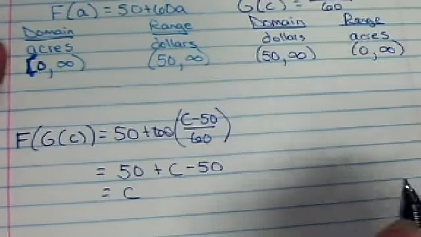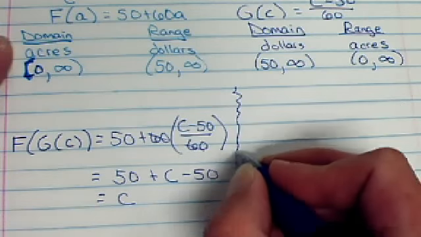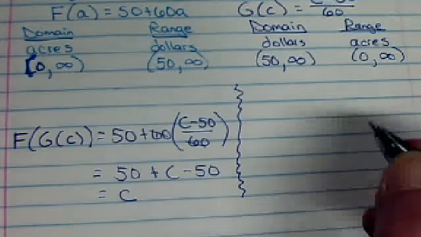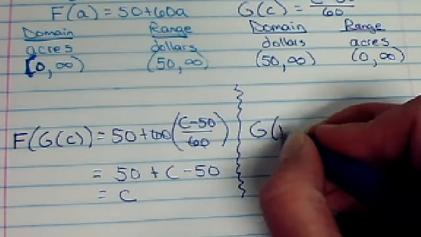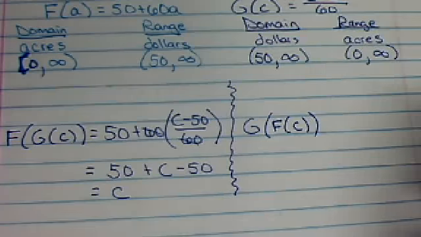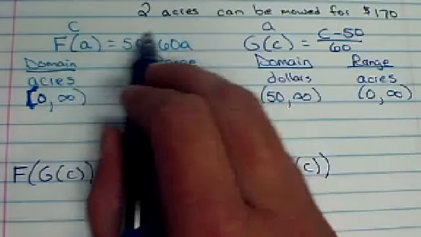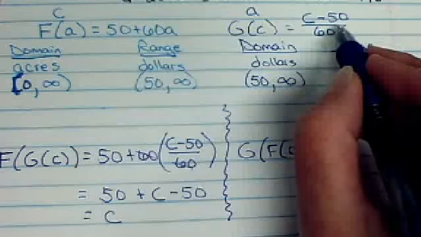Now, it passed the first test to prove that these two are inverses. Let's try the second test. The second test is to reverse our composite. So this time, I'm going to take this function rule, oops, that's an A, sorry, and plug it into that one.